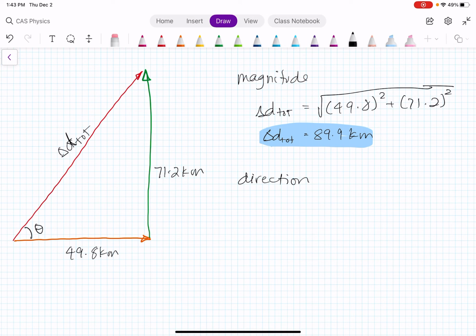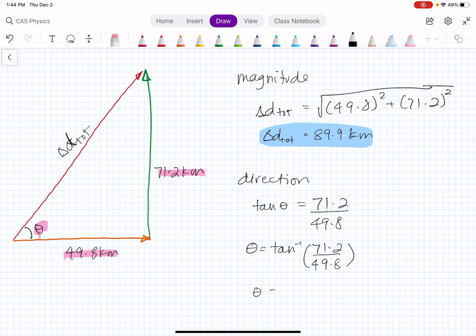In order to do that, I'm going to solve this triangle, but I'm going to see that I know this and I know this. So in order to find theta, I'm going to use those two numbers. So I can say tan theta equals opposite over adjacent, 71.2 over 49.8. So then I just take the inverse tan. So theta equals tan inverse of 71.2 divided by 49.8. And when I do that, I end up with 55 degrees.